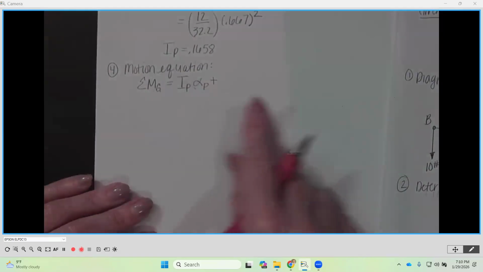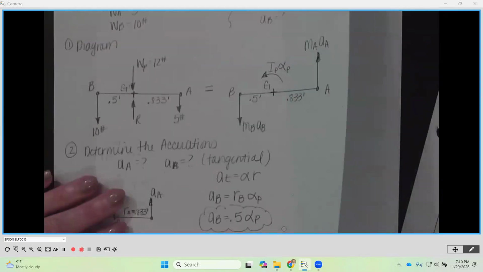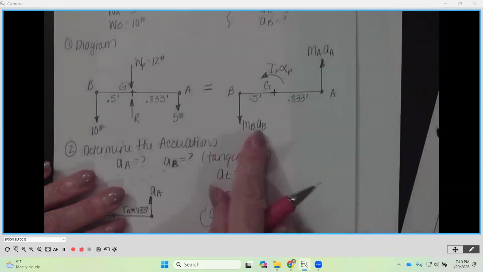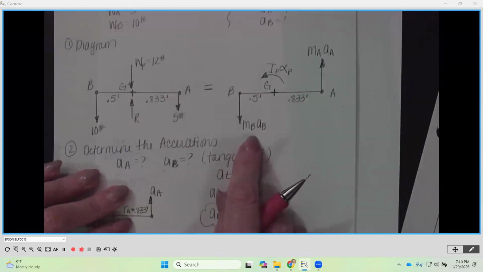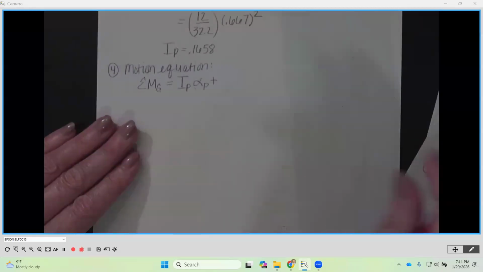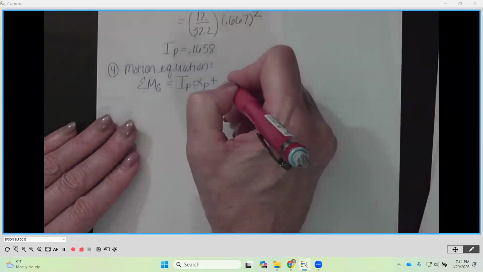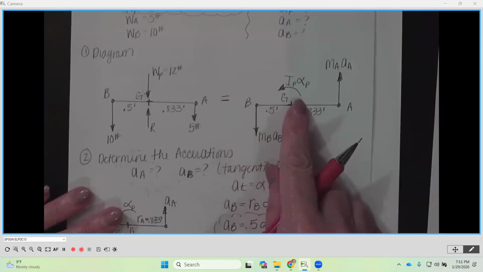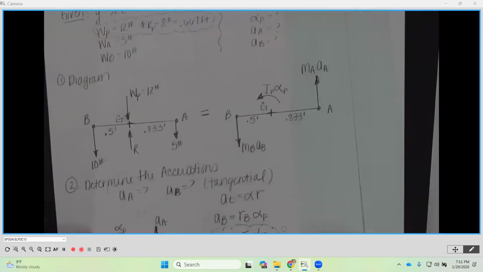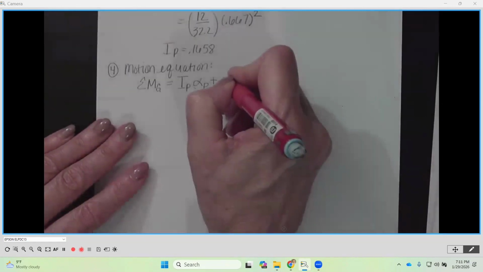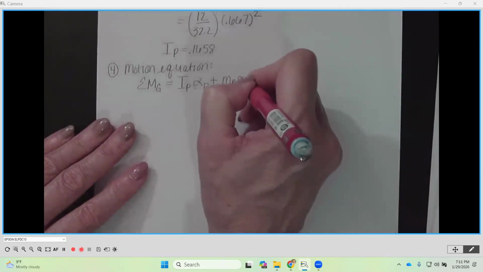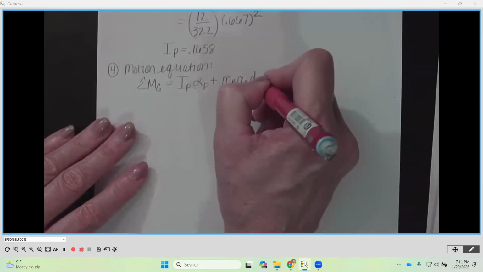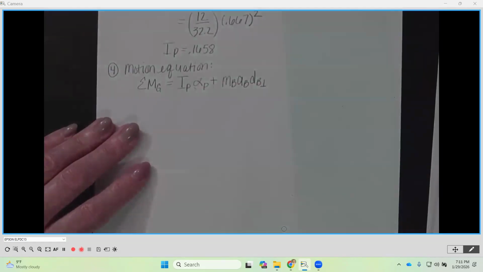Plus, now these are going to be our translational. So if we look here, we have straight line acceleration due to B. So we're going to do that one first. And I should say, it's offset from the center of rotation. So we are going to have a mass B times acceleration B times distance B perpendicular to that center of rotation.